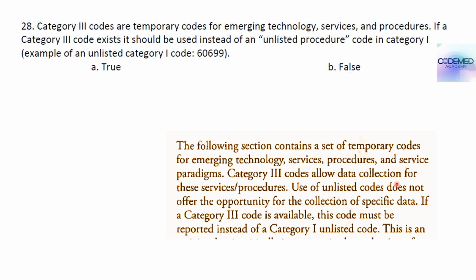Category 3 codes allow data collection. Use of an unlisted code does not offer the opportunity for the collection of specific data. If a category 3 code is available, this code must be reported instead of the category 1 unlisted code. That's why our answer is A, because that's what they have written.